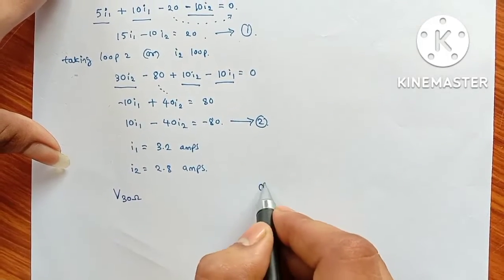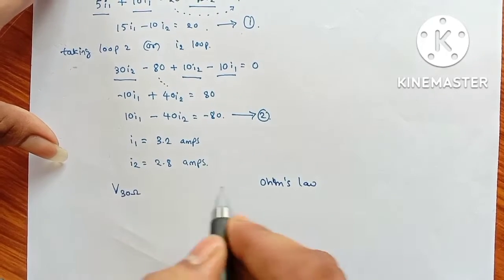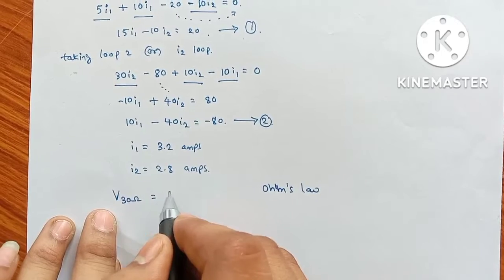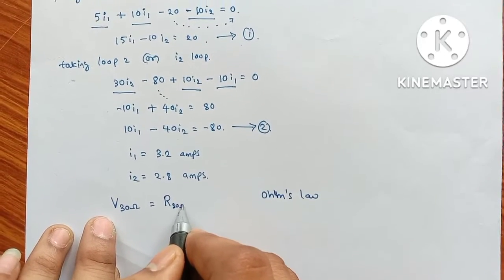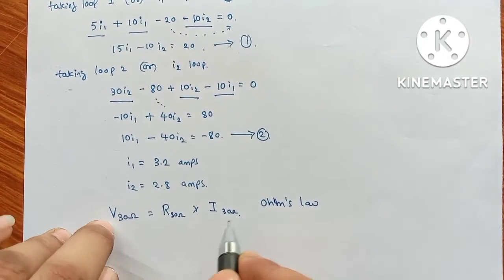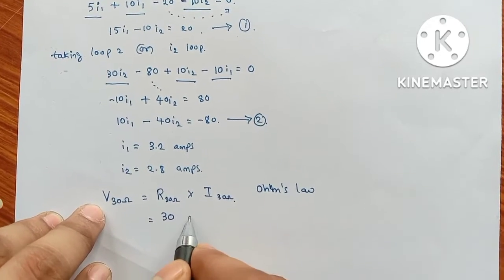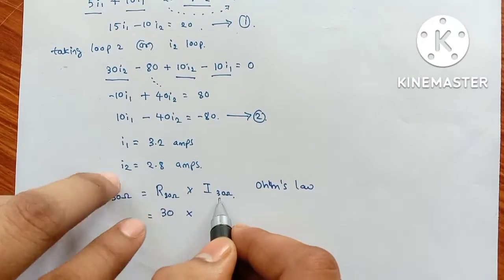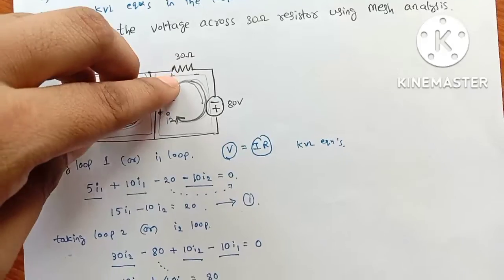From Ohm's law, the voltage at 30 ohms is equal to the resistance at 30 ohms times the current at 30 ohms. The resistance is 30, and the current flowing through 30 ohms is I2.